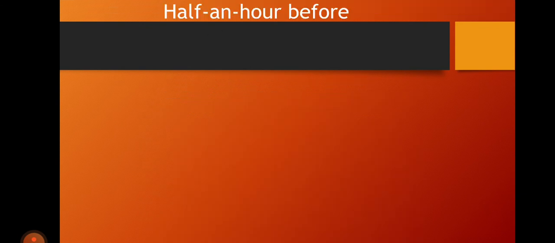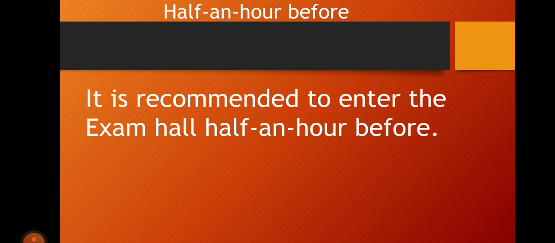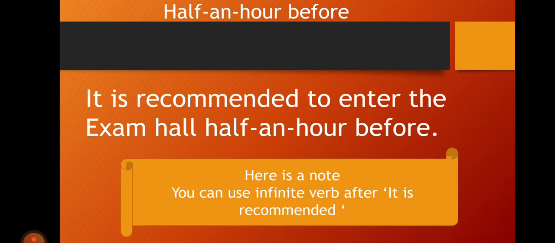See here, half an hour before, how will you write this? You can start the sentence like this: it is recommended to enter the exam hall half an hour before. That's what you are going to write. And actually, I have given here a note on how you need to write the sentence pattern.